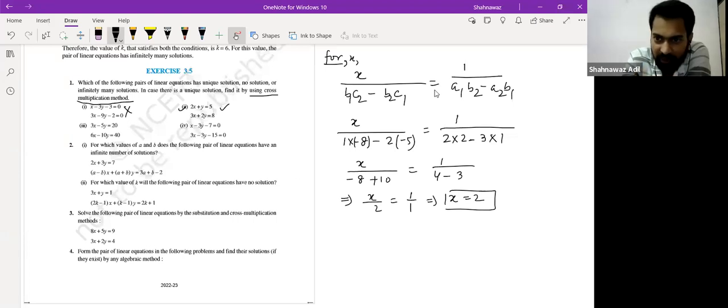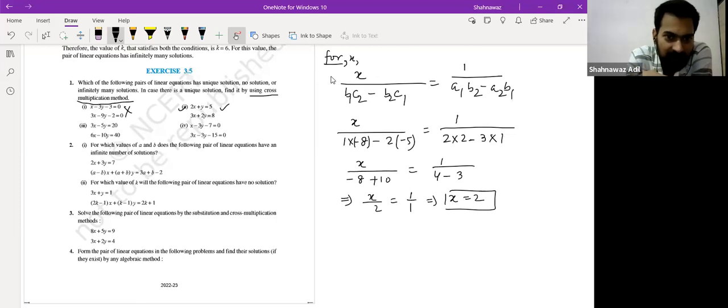So are you guys noting it down? Yes, sir. Okay. So I will try to do one or two problems from R.D. Sharma, which show the importance of this cross multiplication.